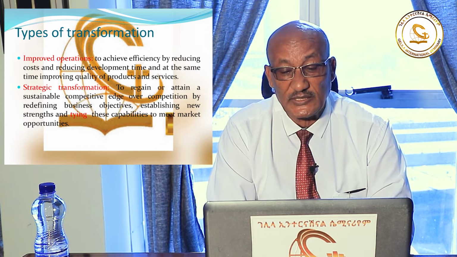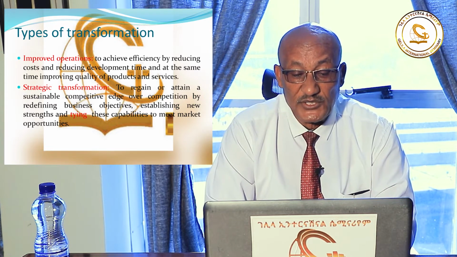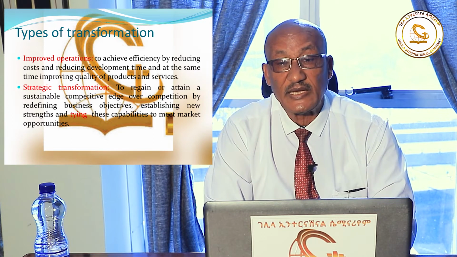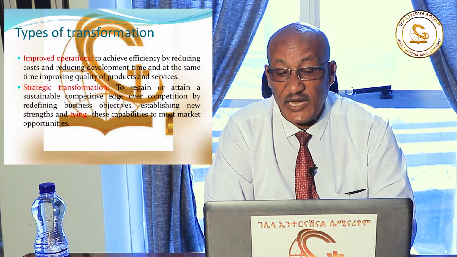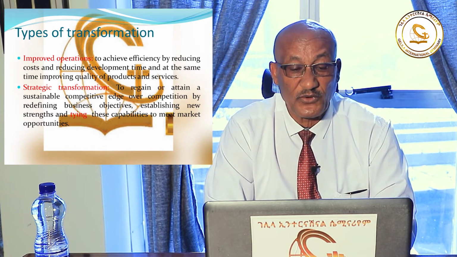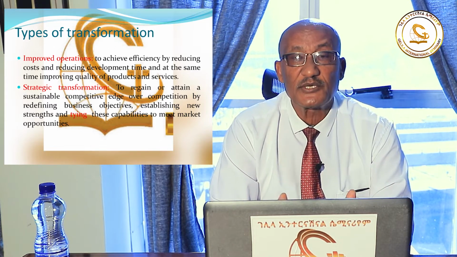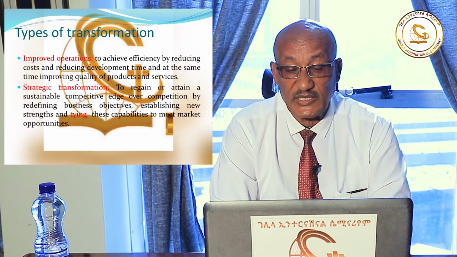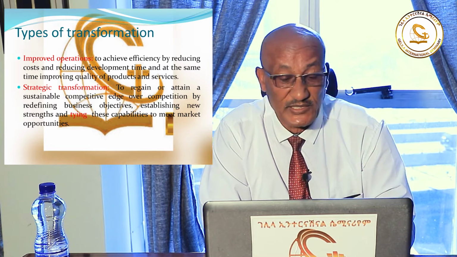Improved operation is to achieve efficiency by reducing costs and reducing development time, and at the same time to improve quality of products and cost. Therefore, improved operation means simply reducing cost, reducing development time.